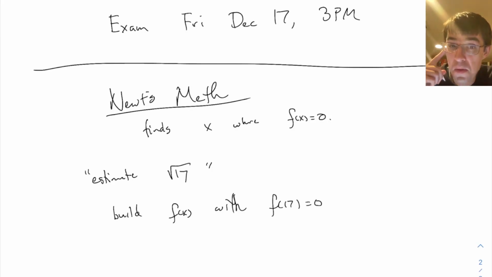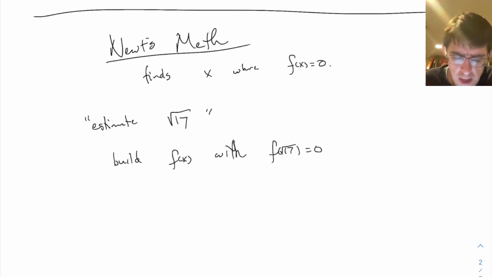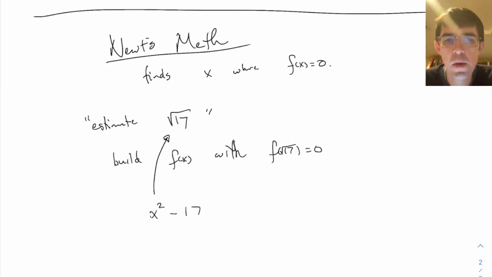The typical way to do that, if it's a square root, is you use x squared minus whatever that number is, because this is a function where if I were to plug in the square root of 17 here, the square root of 17 gets squared, and then it becomes 17 here, minus 17 would be 0, right?